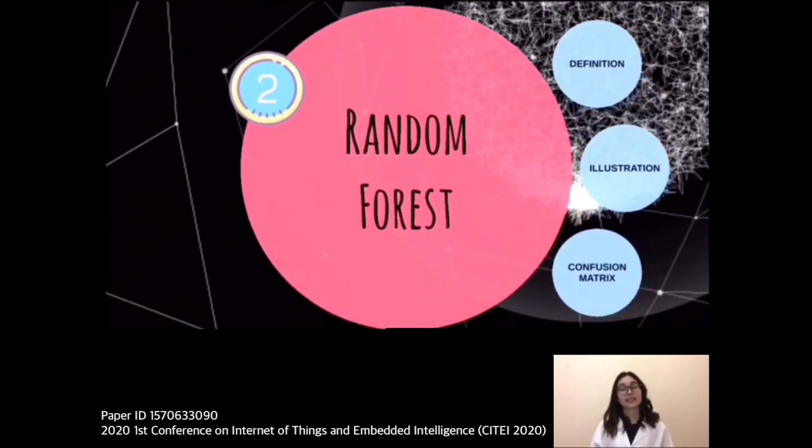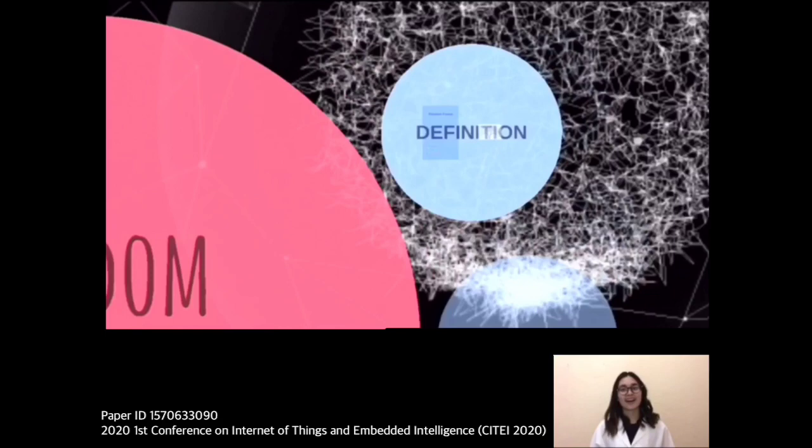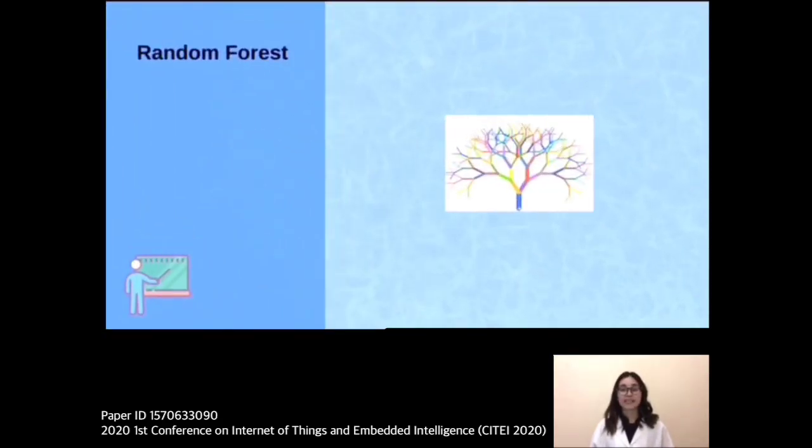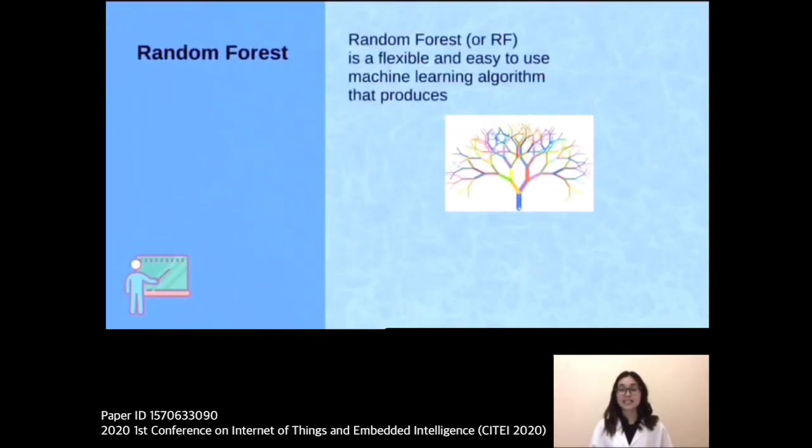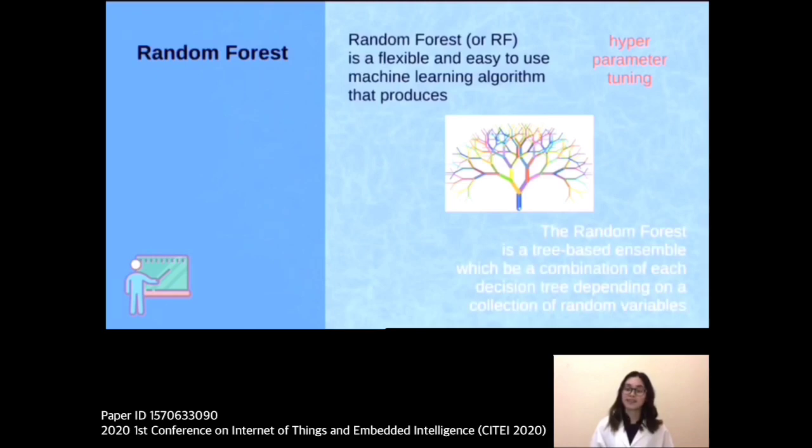Our second method is random forest, or RF. Random forest is a flexible and easy to use machine learning algorithm that produces a great result most of the time even without hyperparameter tuning. Because of its simplicity and diversity, random forest is also one of the most used algorithms.